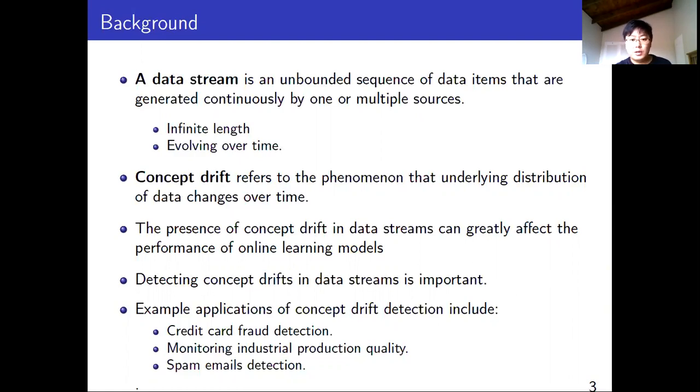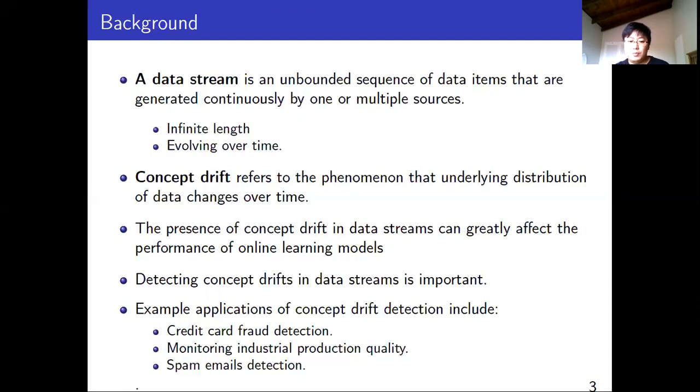Here are some example applications of concept drift detection. For example, in the case of credit card fraud detection, the task is to classify a transaction as either fraudulent or non-fraudulent. We usually train a fraud detection model based on the previous transactions and use it to make predictions about future transactions. However, concept drift may happen when the behavior of fraudsters changes over time.